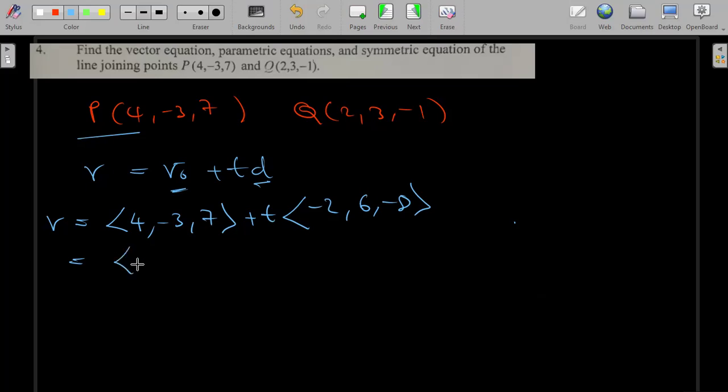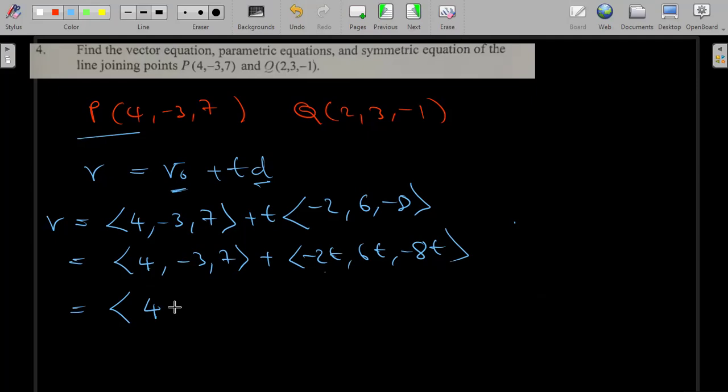So I have 4, -3, 7, plus -2t, 6t, -8t. Now I can add component wise.